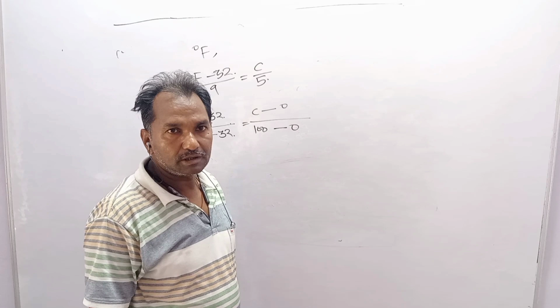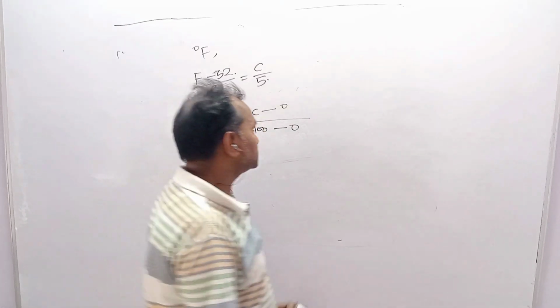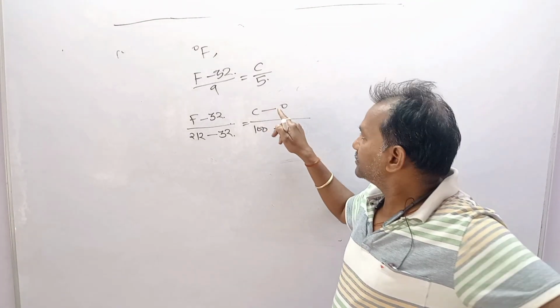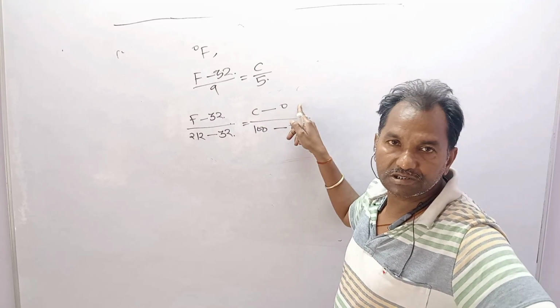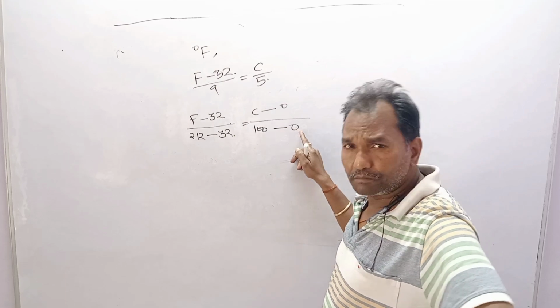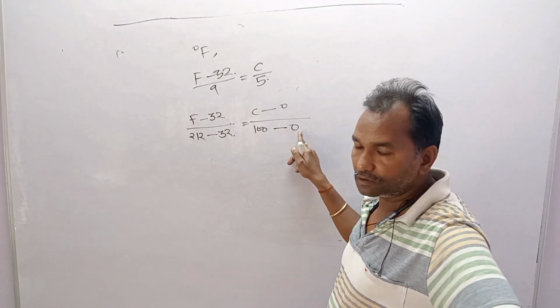Dear students, let the unknown temperature on Celsius scale be C, then C minus the freezing point of water at Celsius scale, that is 0, so C minus 0 divided by boiling point minus freezing point at Celsius scale, 100 minus 0.